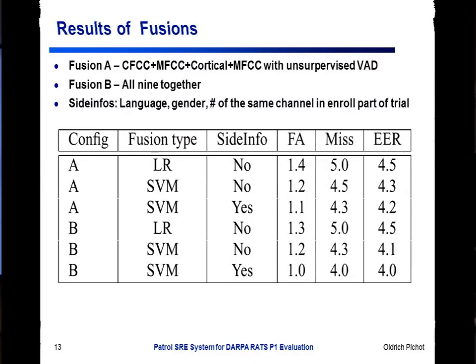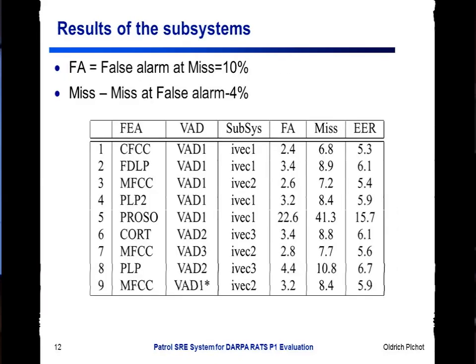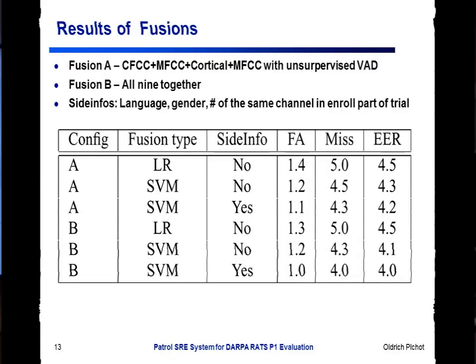And the fusion results, you can see that we've got quite some nice improvement. We are going to 1.4 or 1.5 of miss at false alarm, or false alarm at miss 10%, and it's from 2.4 to 1.4. It's quite a nice improvement.